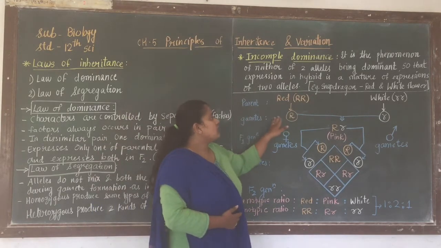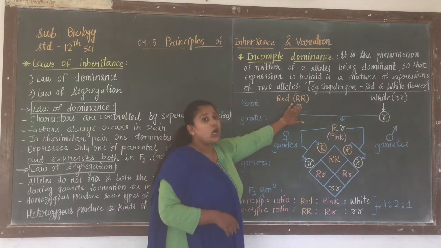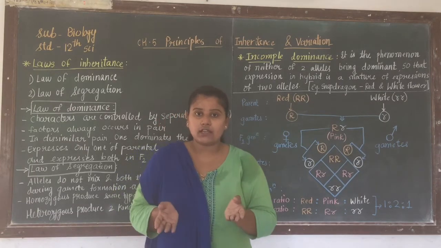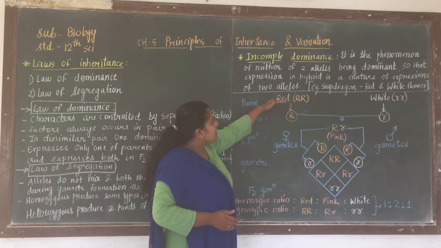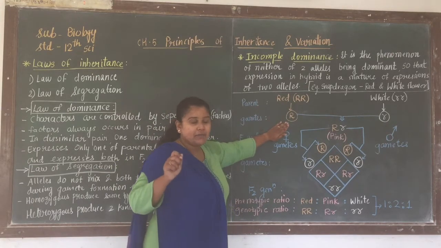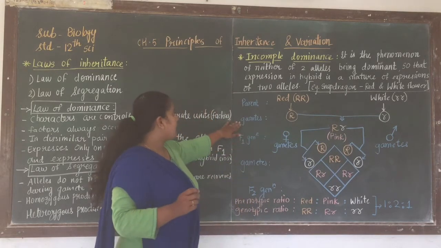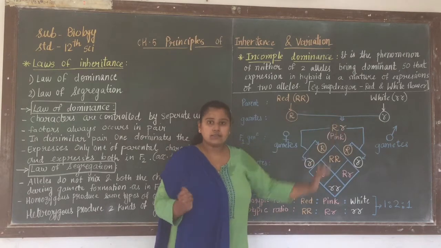Right now they are homozygous, so the gametes formed will be exactly the same. From here we get capital R as a gamete, and from here small r as a gamete, right? So the gametes from the parental generation are capital R and small r.